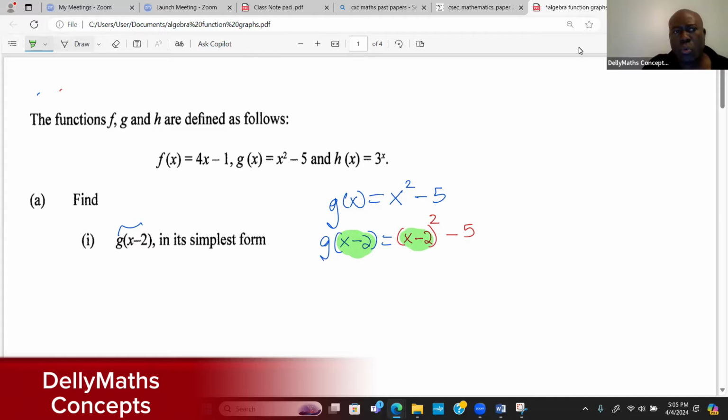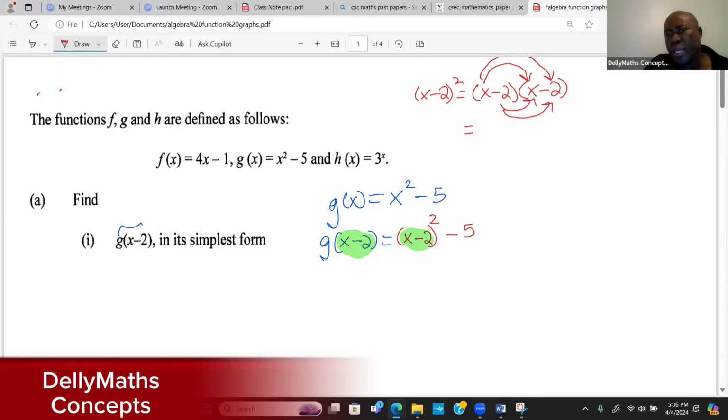Now let us work out what x minus 2 all squared is. Let's just do it right here. x minus 2 squared simply means that x minus 2 is multiplied by x minus 2. There are diverse ways that we could do this, but a simpler way is to multiply x by x, then x by negative 2, negative 2 by x, and then negative 2 by negative 2.